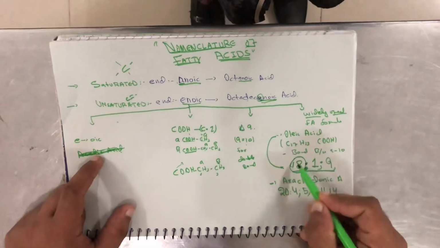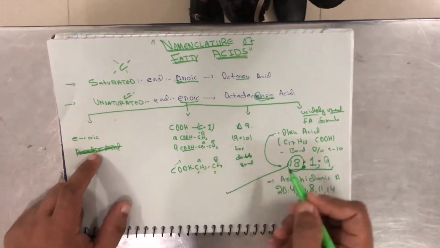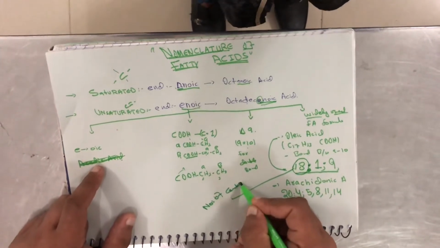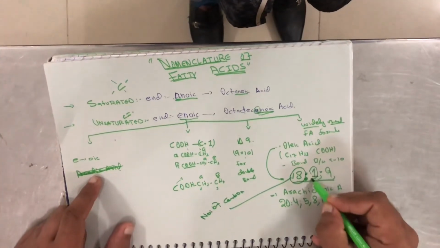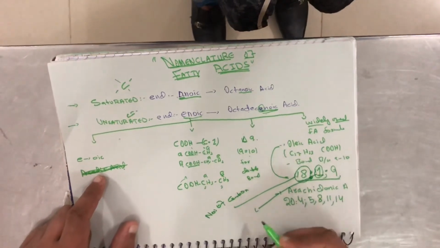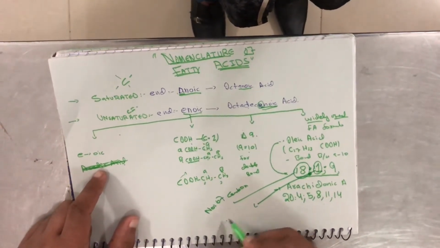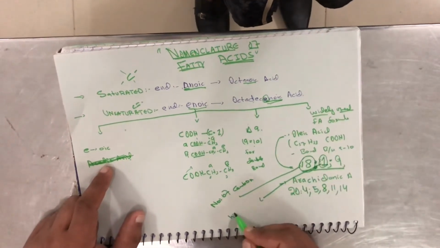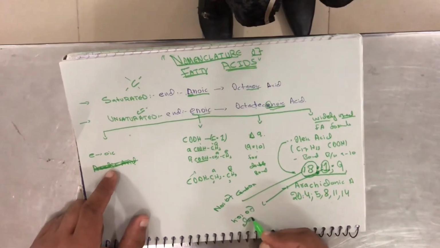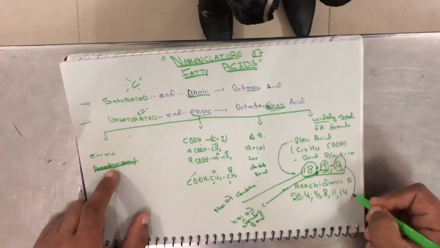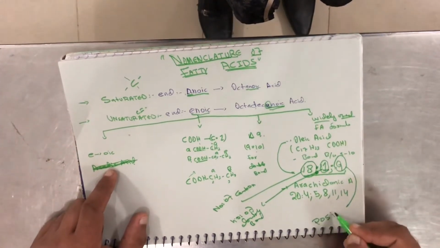The number after the two dots shows the number of double bonds, and the last number shows the position of the double bonds.